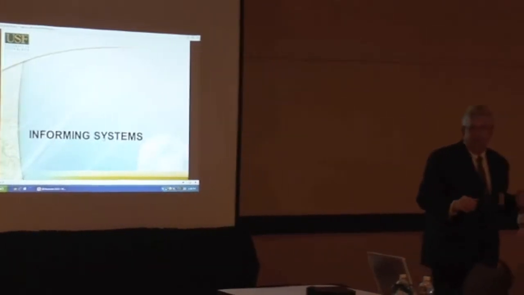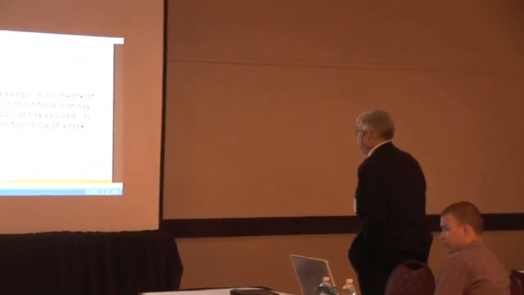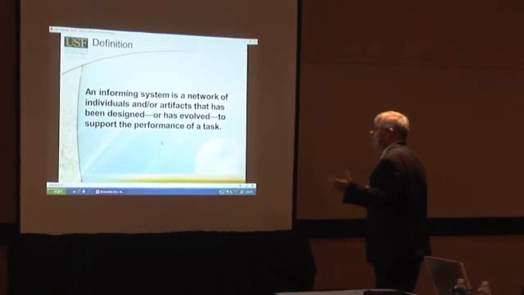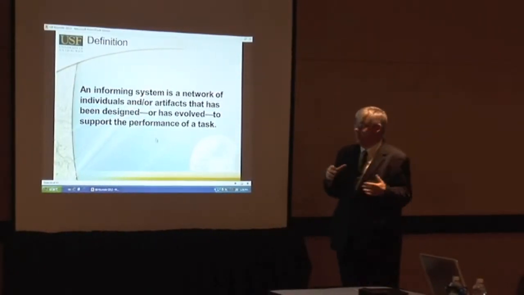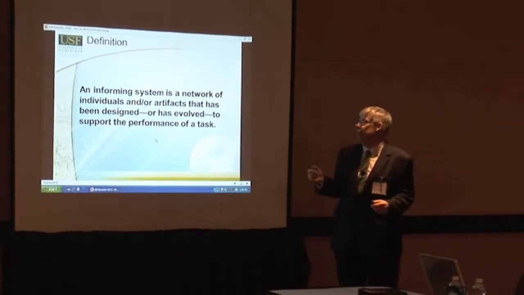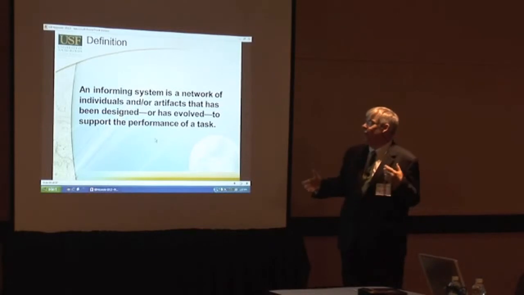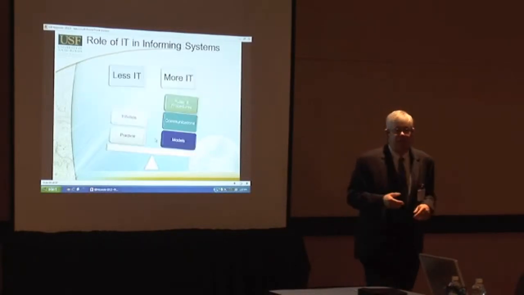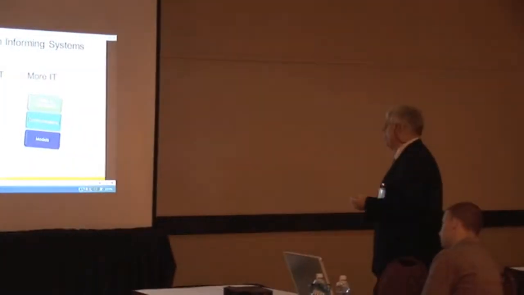Okay, so let's move on quickly to informing systems and the role they play. An informing system is just a network of individuals and or artifacts, such as information technology, that has been designed or has evolved to support the performance of a task. Now, what happens when we add information technology to an informing system?